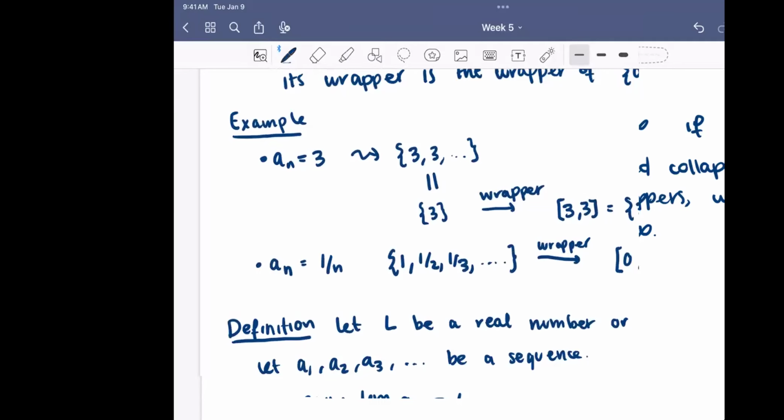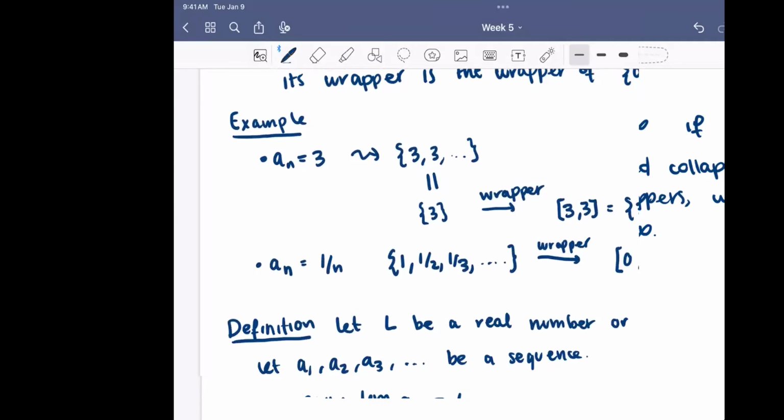So what is happening here? We're taking the wrapper of the sequence, but then we're chopping off successive terms, so we're just looking at what happens as you go out to infinity. And what you want to see is that those form a collapsing collection for some value.